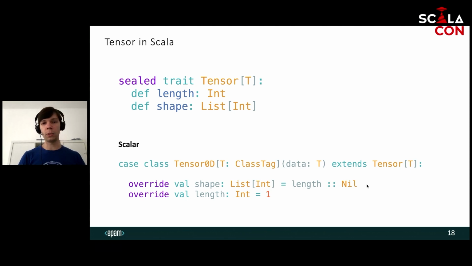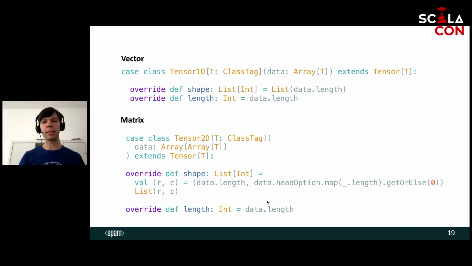Tensor 0D, a zero-dimension or rank 0 tensor, would have just one data point of type T, where the shape would be the length, and the length is 1. Quite simple. The vector is a wrapper around an array, where the shape is just the length of this vector, and the length is the first dimension of this array.